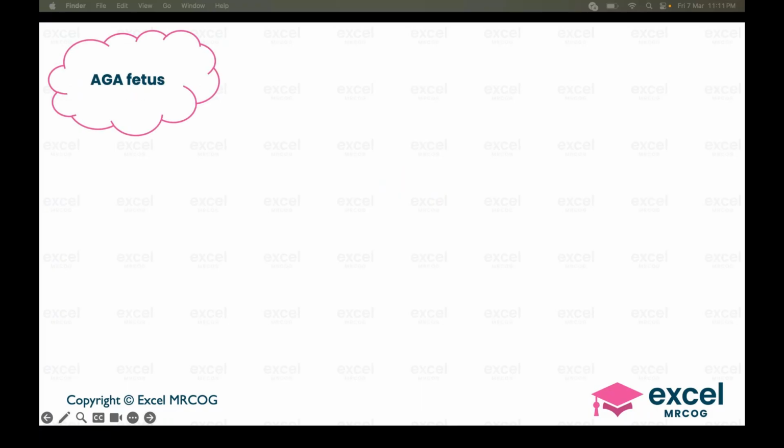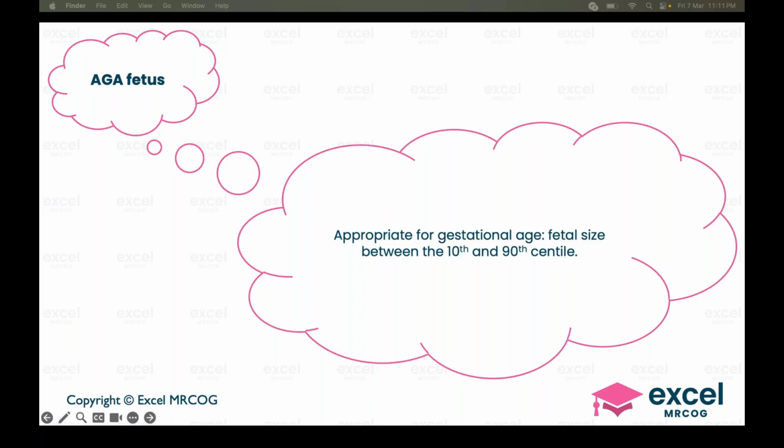Appropriate for gestational age is a baby that is between the 10th and the 90th centile. Okay, so we have growth centiles, which are obtained by plotting the growth of a normal population of the general population, and those that fall between the 10th centile to the 90th centile are considered normal or appropriate for gestational age, right?